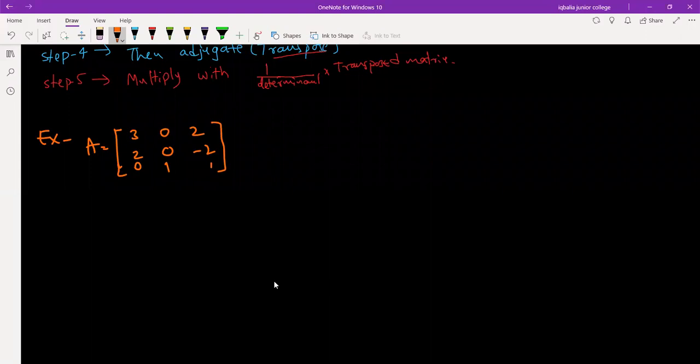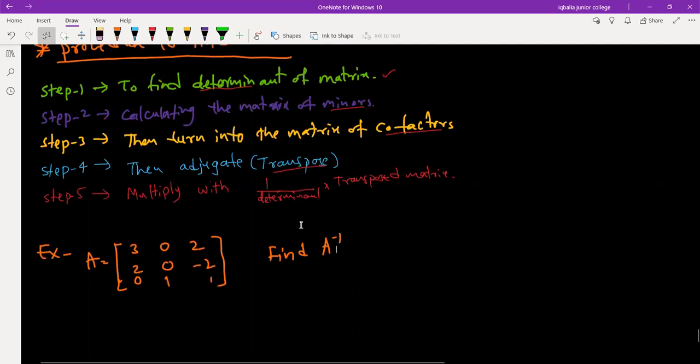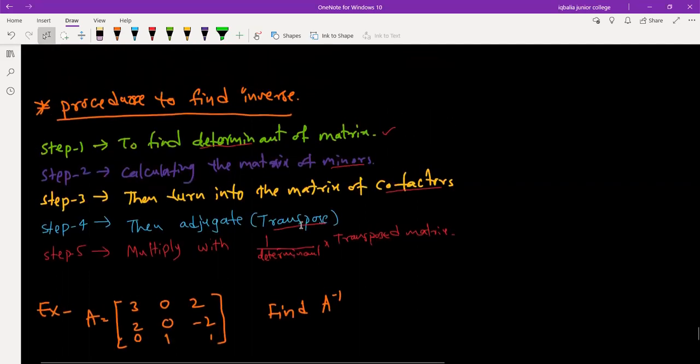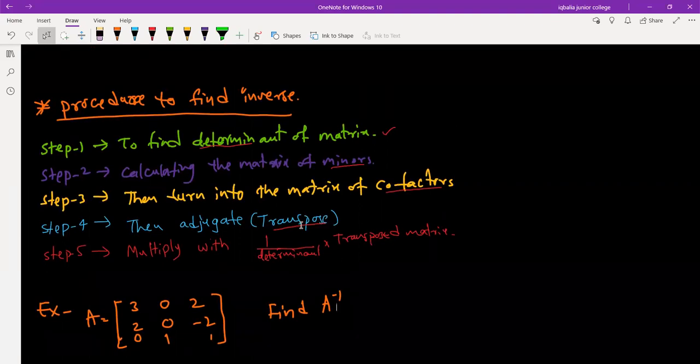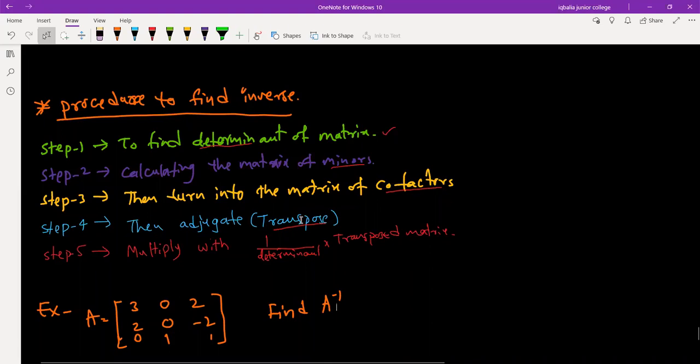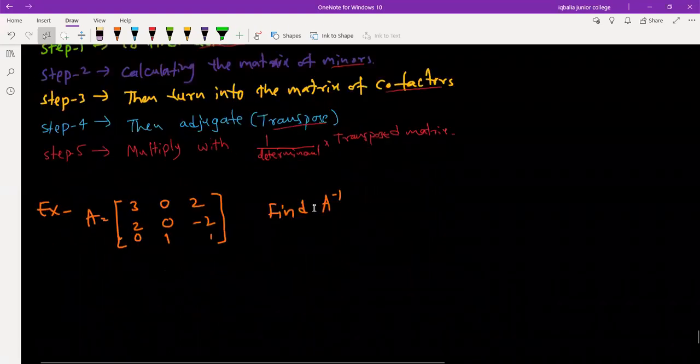And the question is find A inverse. So here we have learned to find inverse, we have 5 steps. Then we are going to apply these 5 steps in this problem and we will get the solution.